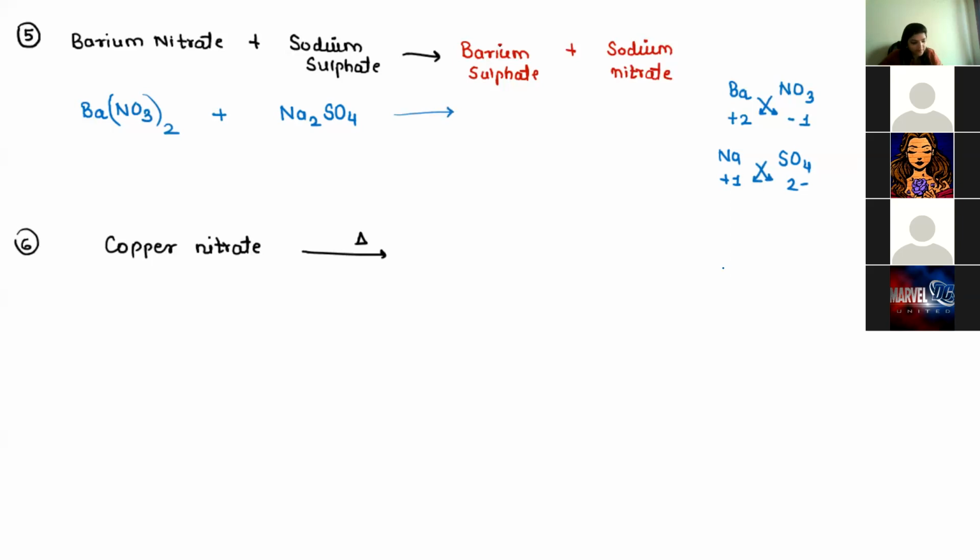Barium sulfate will be Ba +2, SO4 -2, crisscross, BaSO4, plus sodium nitrate, Na +1, NO3 -1, crisscross, NaNO3. Balancing: there are 2 nitrates and 2 sodium, so just put 2 in front of sodium nitrate.